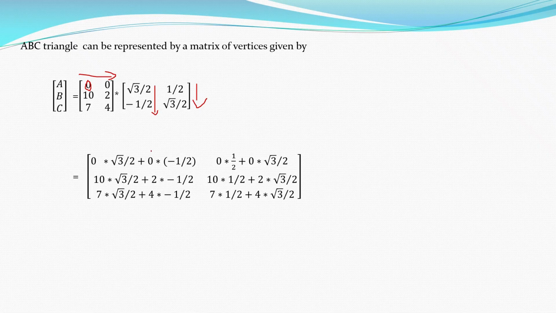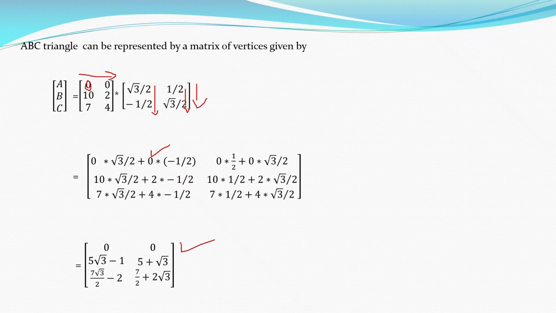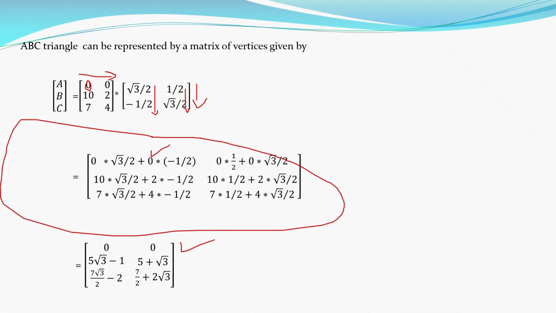Okay. And next you have to multiply with these numbers. So finally we get the values: 0 0, 5 root 3 minus 1, 5 plus root 3, 7 root 3 divided by 2 minus 2. So this is all the matrix multiplication we have to do.